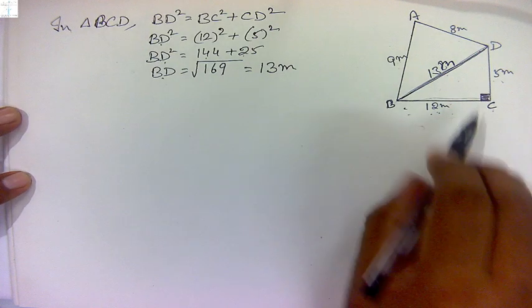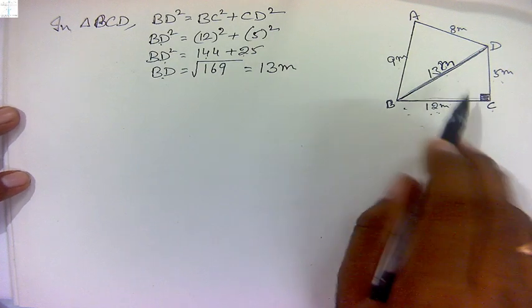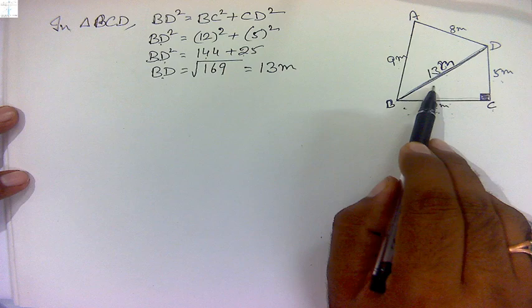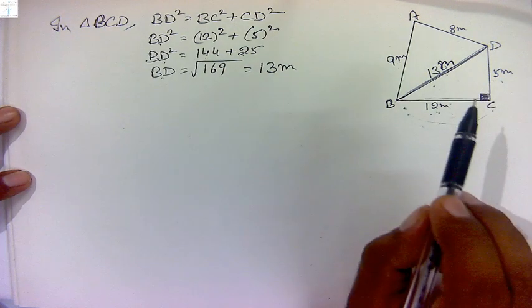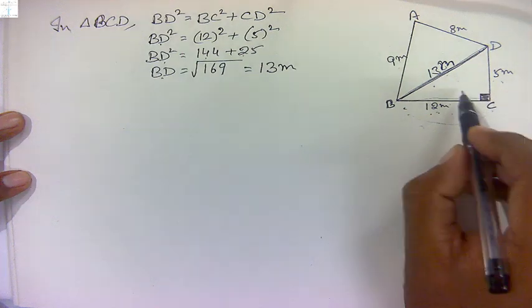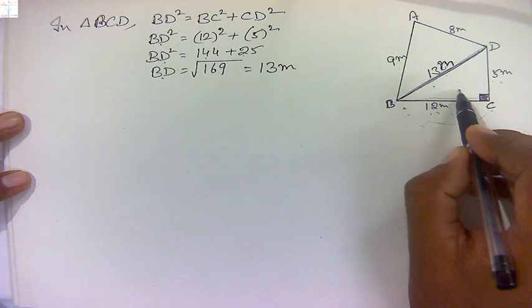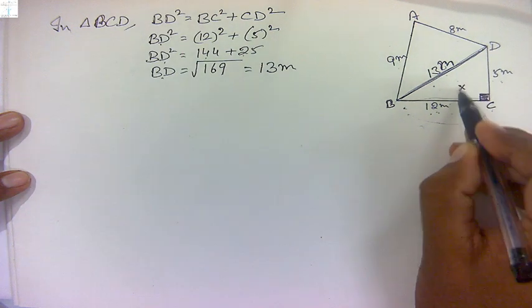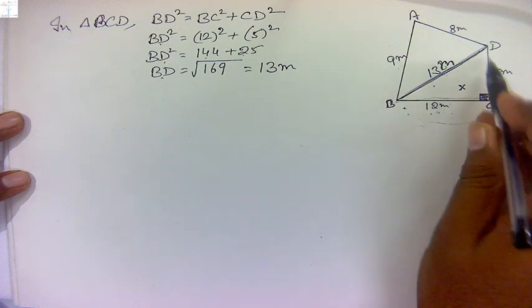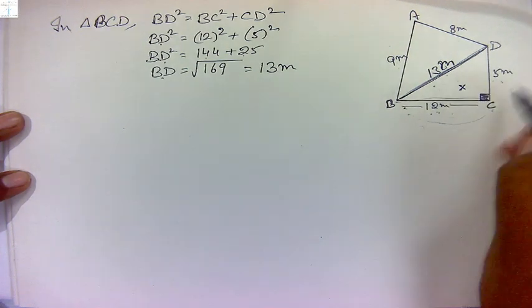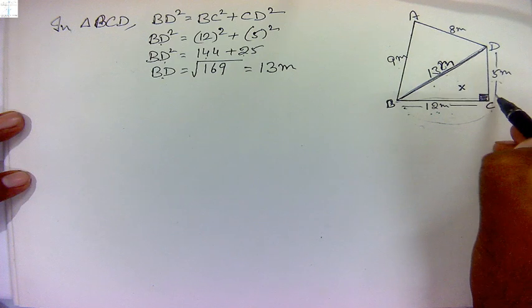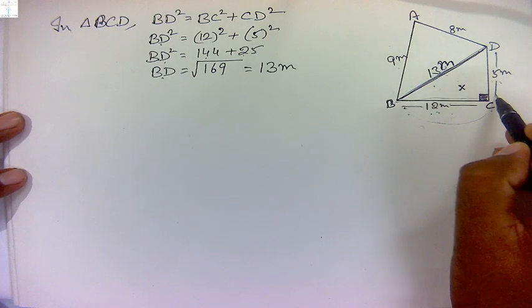Now we have to find the area of the two triangles. Add the areas, and that will give you the area of the whole quadrilateral. Now let us take the same triangle BCD. Because it is a right angle triangle, this is the base and this side can be considered as the altitude or height.